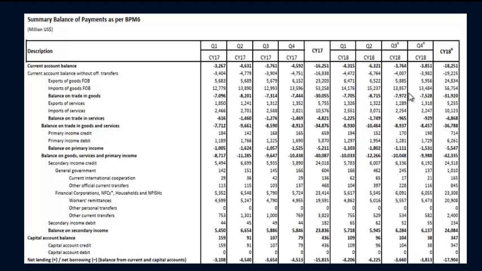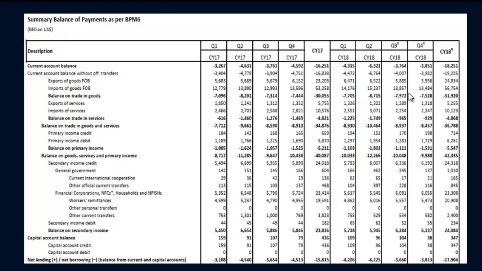So there was a 40 billion net deficit, and then about 20 billion of remittances, and about 4 billion of other earnings from various sources.